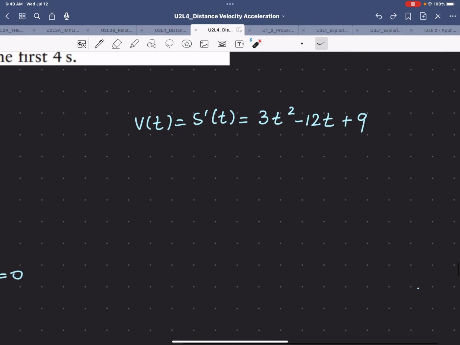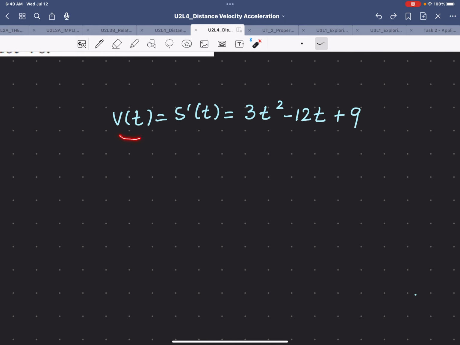So now we have to study the sign of v(t) as well, so that we'll be able to see the connection between v(t) and s(t). And to study the sign of v(t), it means that we need to start off with the zeros of it. So as you can see here, we have a quadratic function. And notice that all the coefficients will have a common factor of 3.